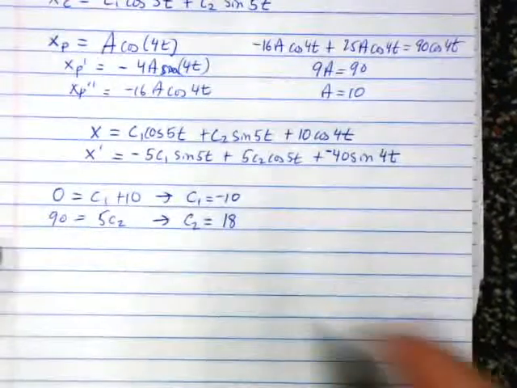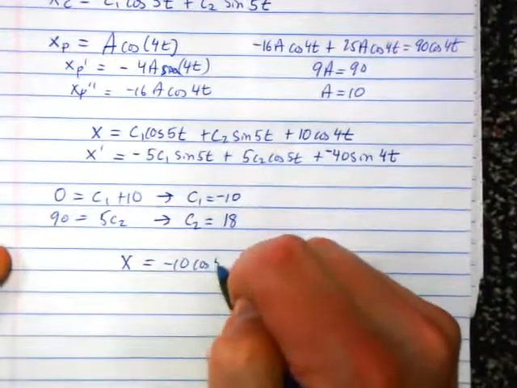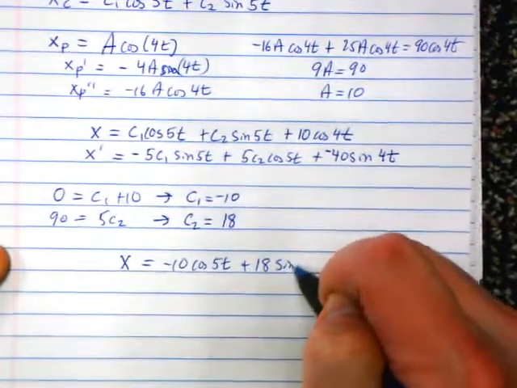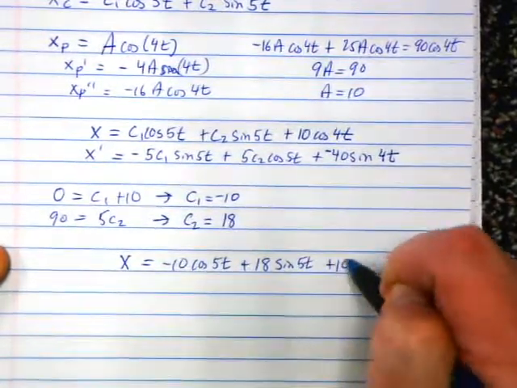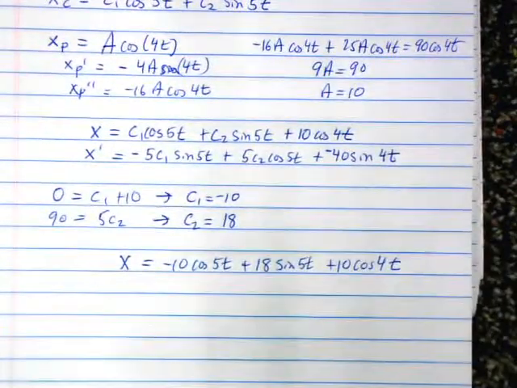All right, so the solution is x equals negative 10 cosine 5t plus 18 sine 5t plus 10 cosine 4t. Questions on that?